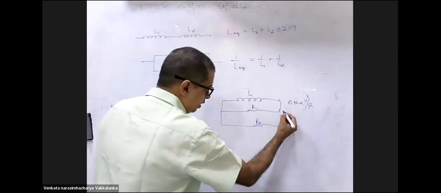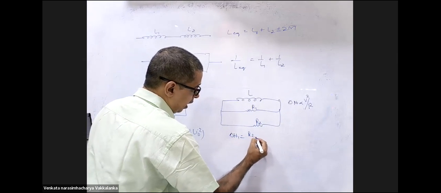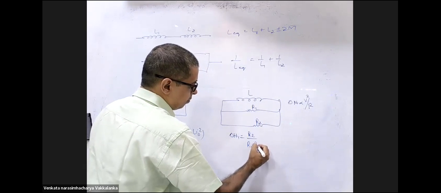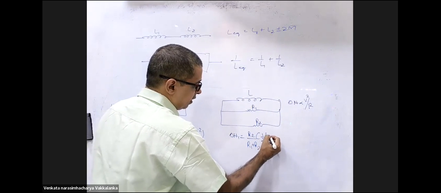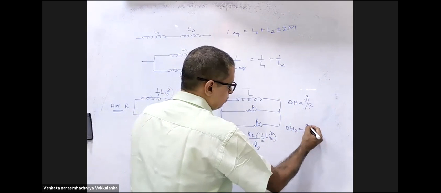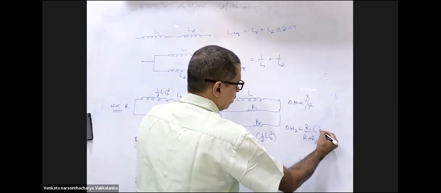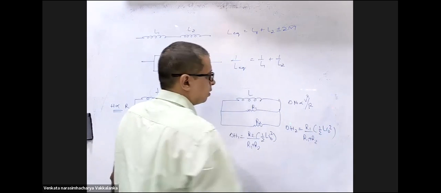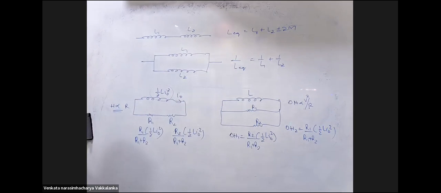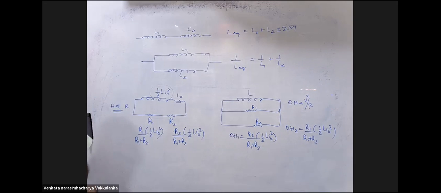So here delta H1 will be R2 divided by R1 plus R2 into half L I naught square, and delta H2 will be R1 divided by R1 plus R2 into half L I naught square. They hit regularly on these two formulas, time and again.